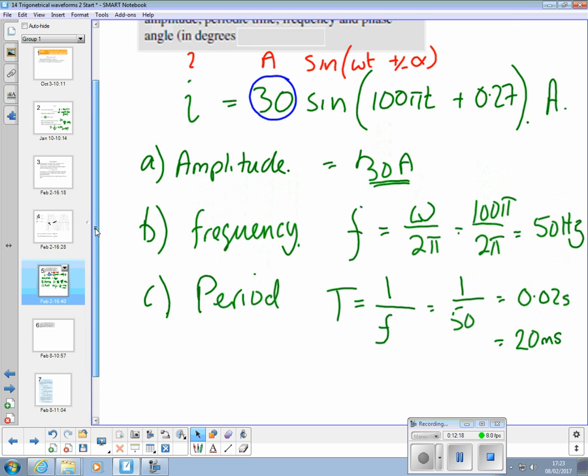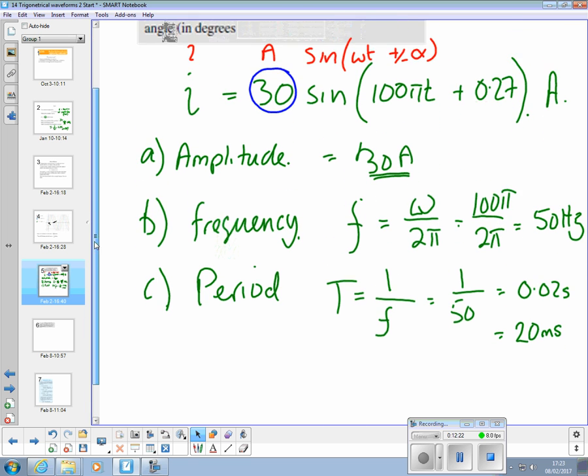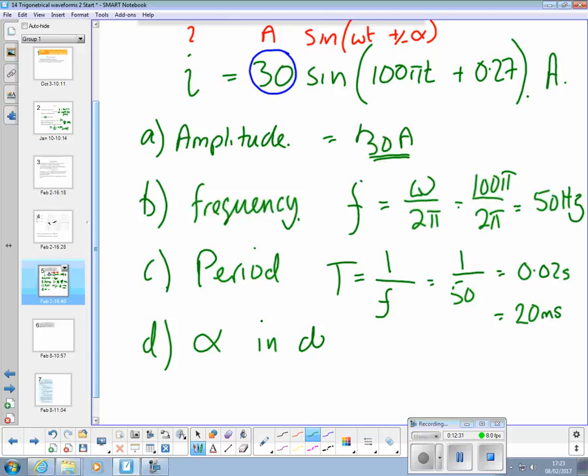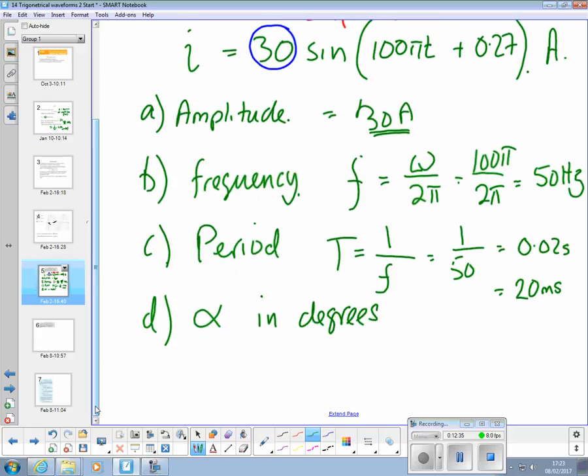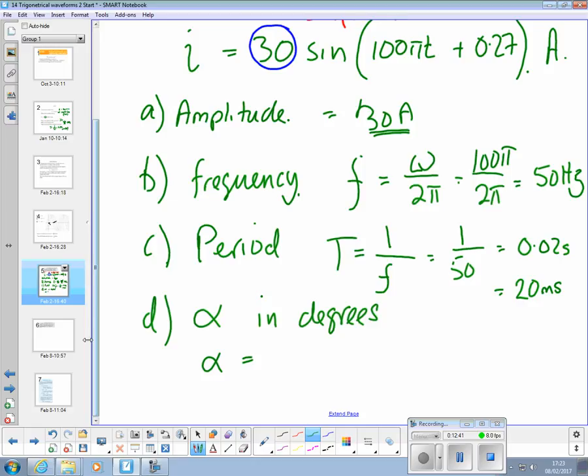What else does it ask for? It asks for the phase angle in degrees. So we want to know alpha. Alpha equals 0.27.